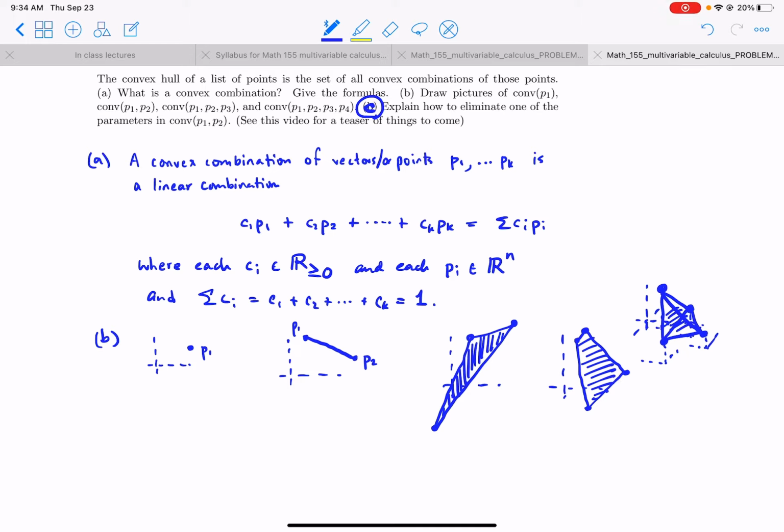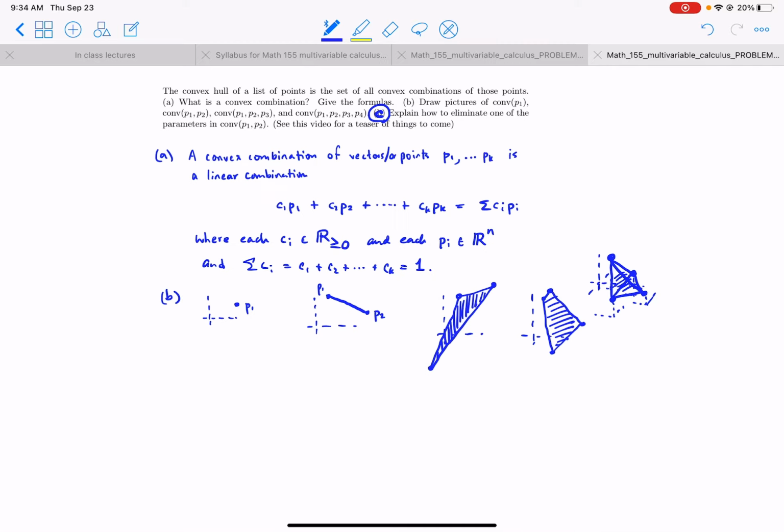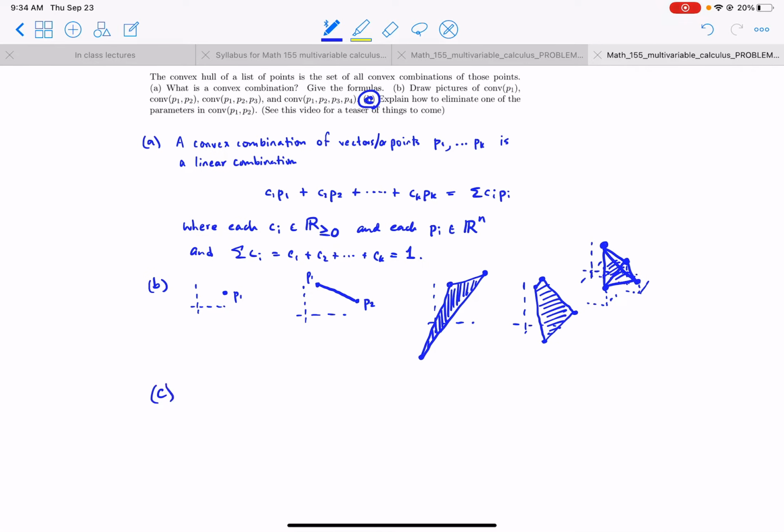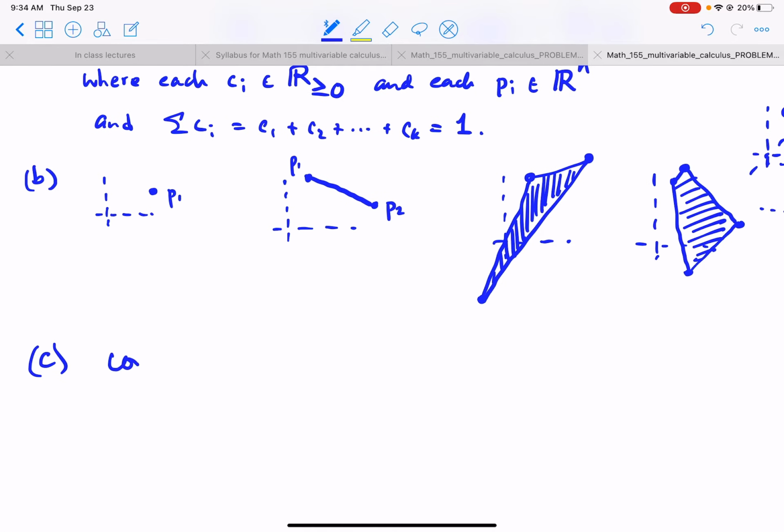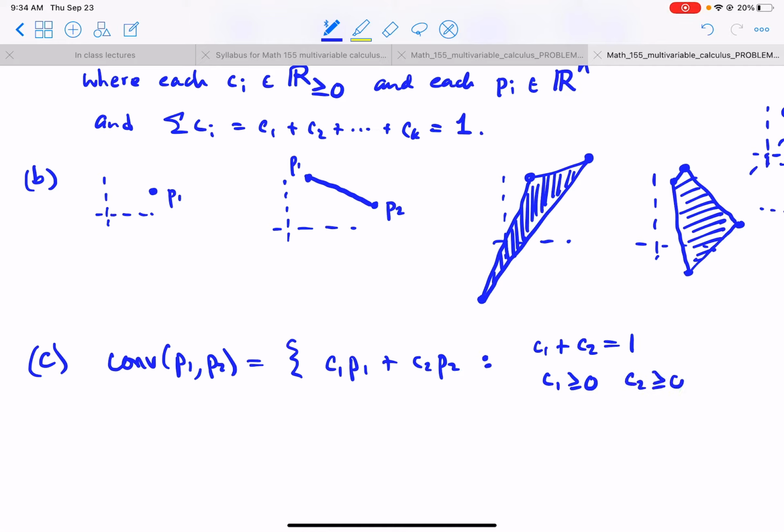And this should say C, explain how to eliminate one of the parameters in the convex hull of P1, P2. Okay, so I can do part C. The convex hull of P1, P2 is the set of all the C1 P1 plus C2 P2, such that C1 plus C2 equals 1, C1 is greater than or equal to 0, C2 is greater than or equal to 0, are real numbers, and P1, P2 are both vectors.